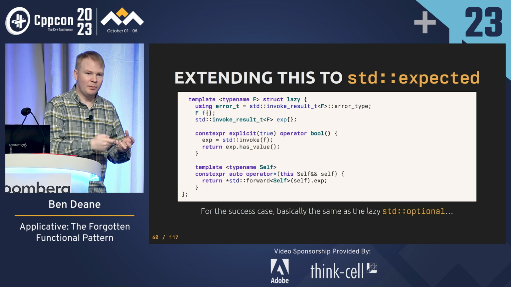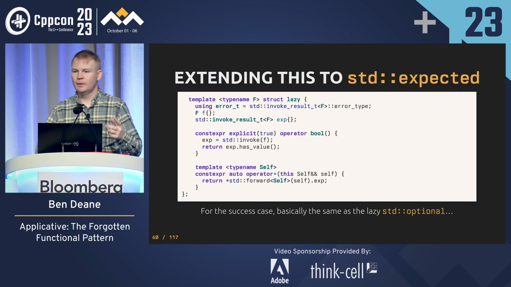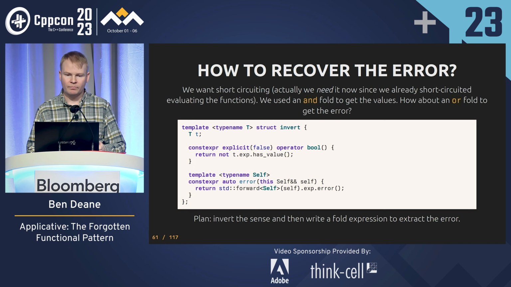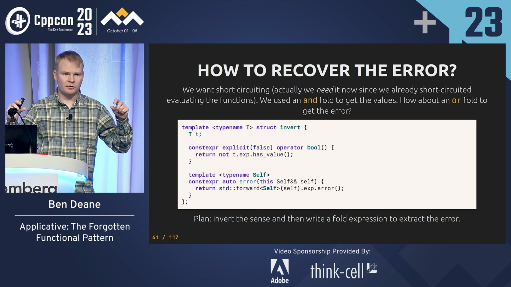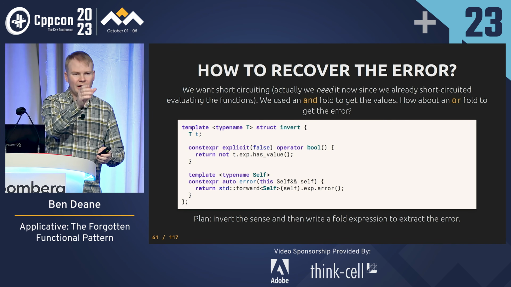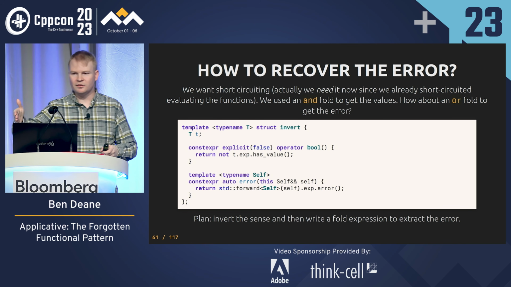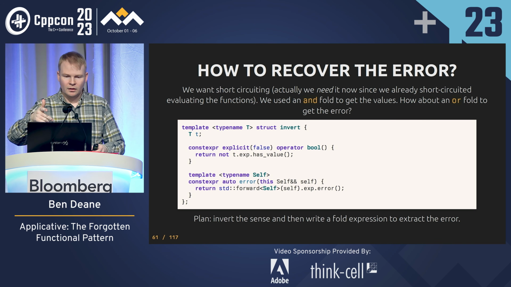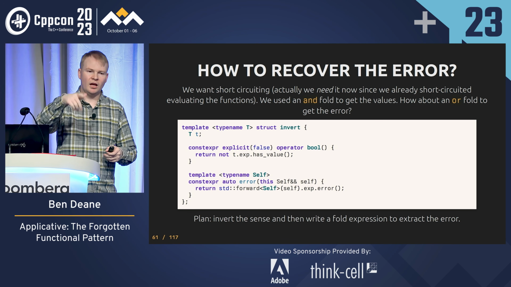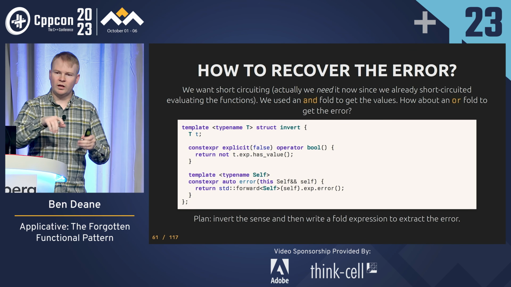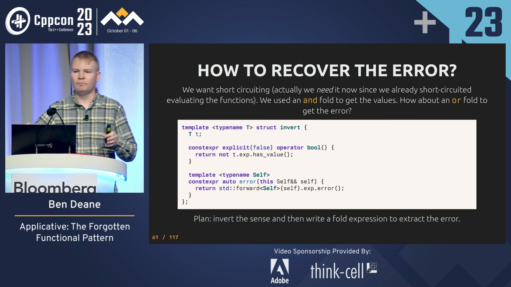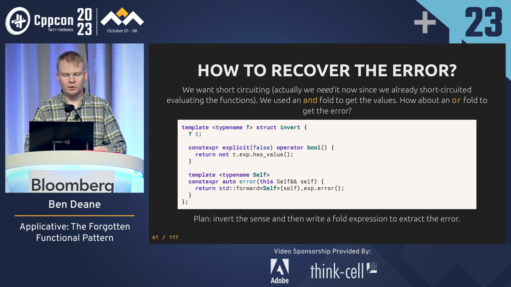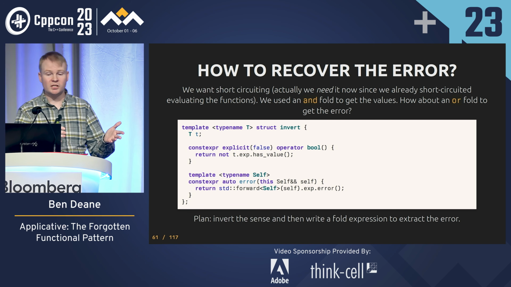The unhappy or unexpected path does require a bit more work. Because recall, in that call site, we are using the fold expression, so we're only actually evaluating the functions as far as we need to. So when we get the unhappy path, we can't be dereferencing anything that we haven't evaluated the function for. So the approach I took was just to use another fold expression.